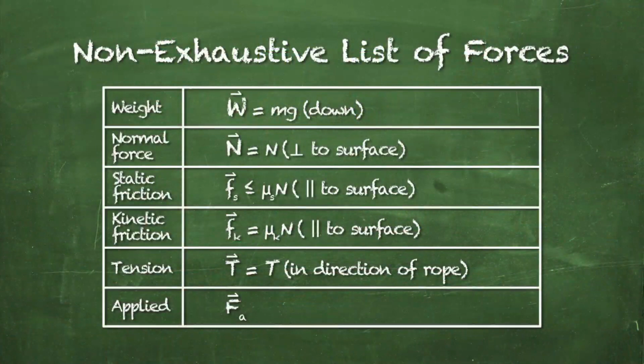The next force in our list is tension. Tension is the force exerted by a rope or a string on an object. We'll write tension with a capital T with a vector on it. The magnitude of the tension is whatever it happens to be from the situation. So all we can say is that it'll be equal to its magnitude, T, and when it's the magnitude, we'll italicize.